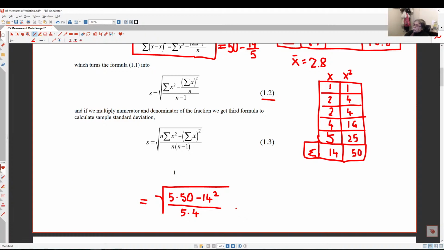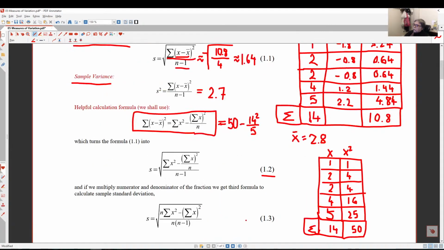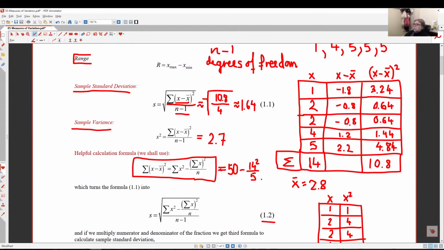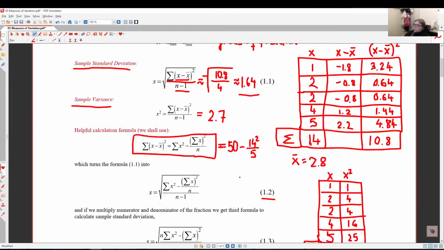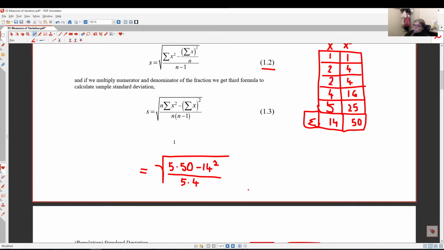Okay. And this is going to lead to exactly the same standard deviation. You don't want to check it out. We're just going to be checking that out, so that we already know the top is 5 times 50, 250 minus 196. So that's 54.